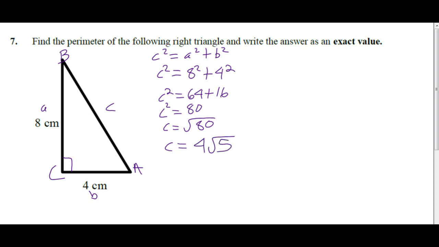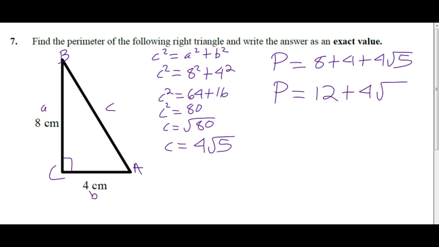Okay, so what's the perimeter? Perimeter of a triangle is the distance around. Expressed as an exact value. That's it, okay? So, you got to hammer this into your head.